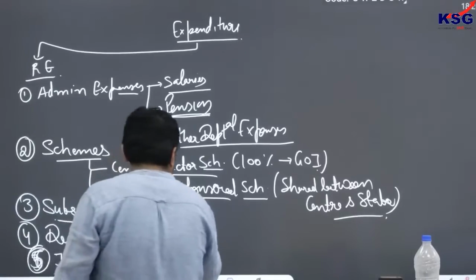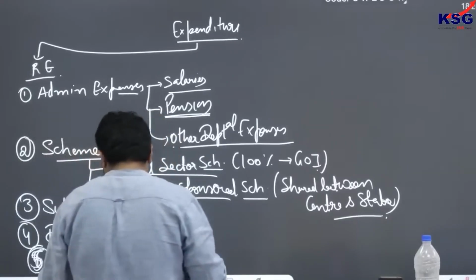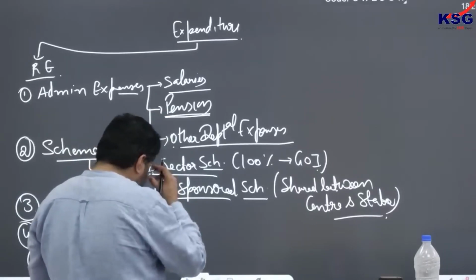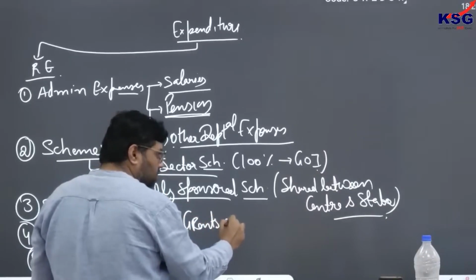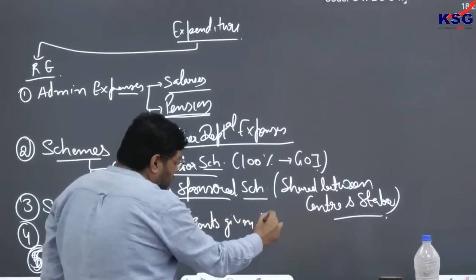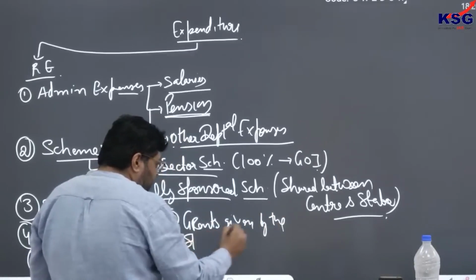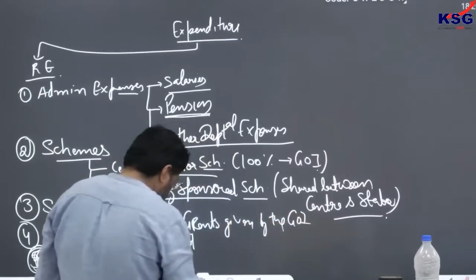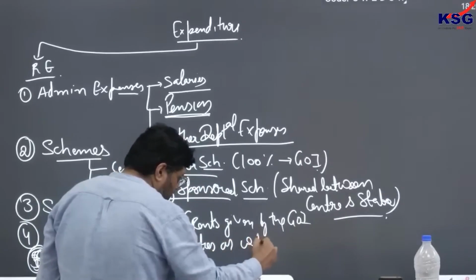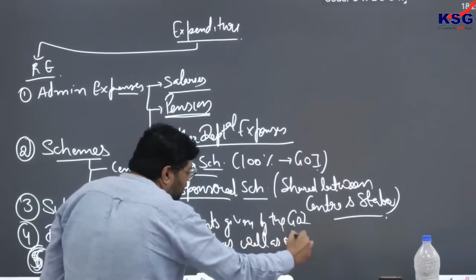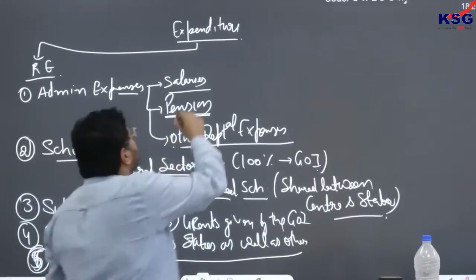Okay, fifth, sixth, if I talk about interest payment, after interest payment, okay, you can say grants given by the government to states, government of India to states as well as others. Others means foreign country. So these are 6 items part of revenue expenditure.